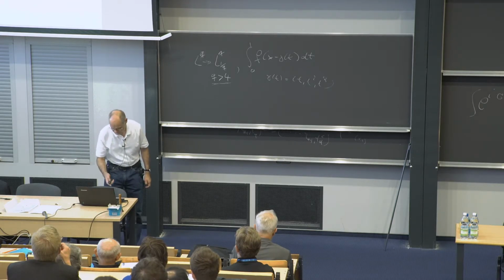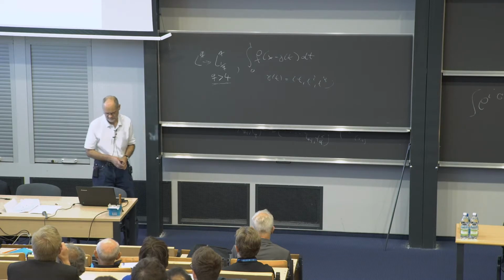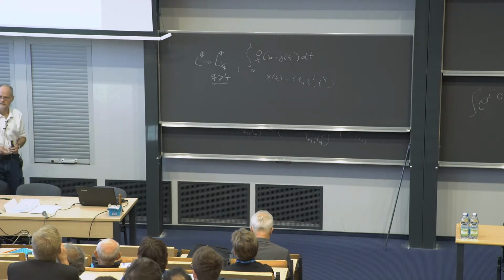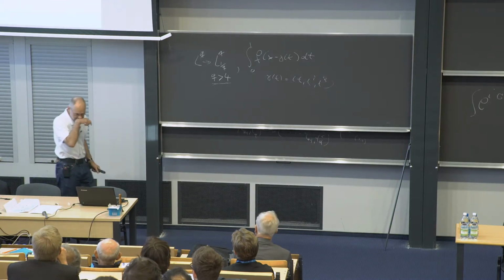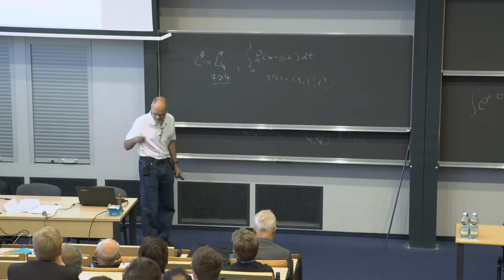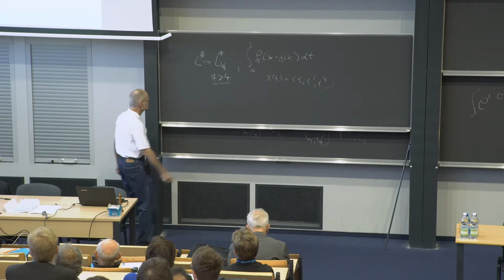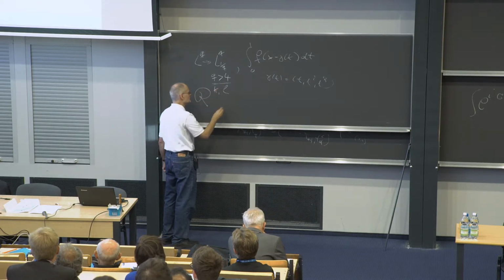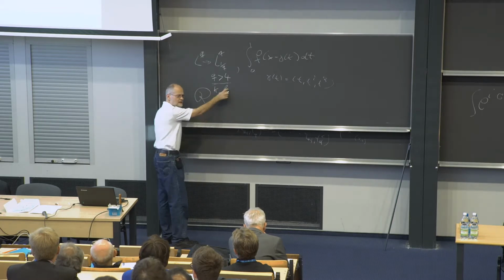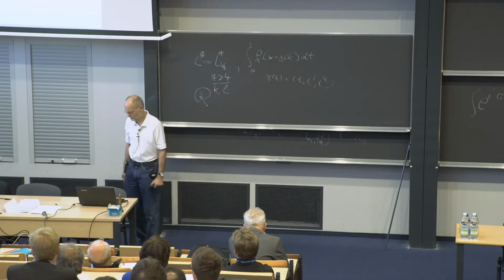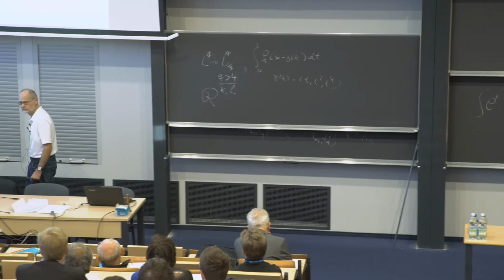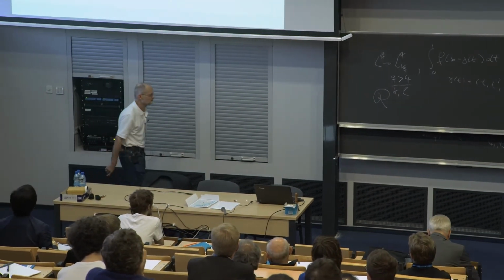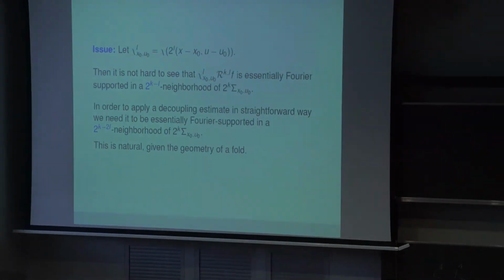So, what is the issue in applying a decoupling inequality? Okay, so what I would like to do is look at our operator, this operator R_{k,l}, where we localize in the frequency variables, and we say we are at distance 2 to the minus L to the degenerate surface.